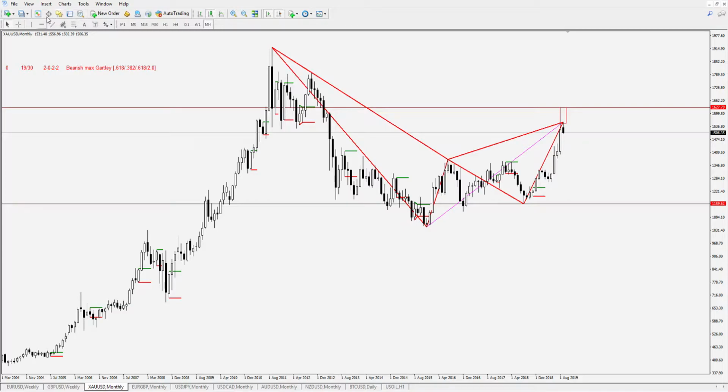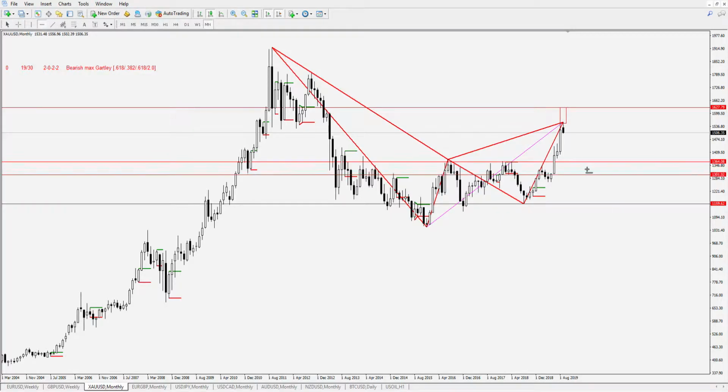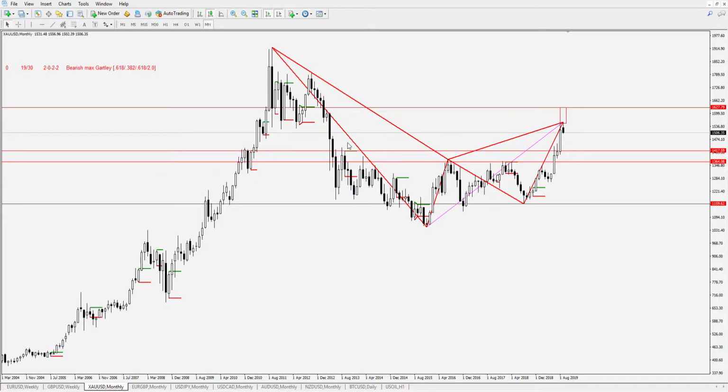There's some support on the monthly here at 1364, and again some support here. There you see 1417. So I mean, it looks likely it will test this one. Break of this, then we'll see a test of this one, and then a break of that, we'll test this one. So 1287.